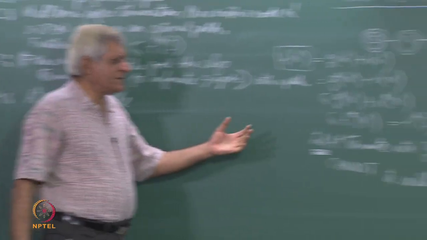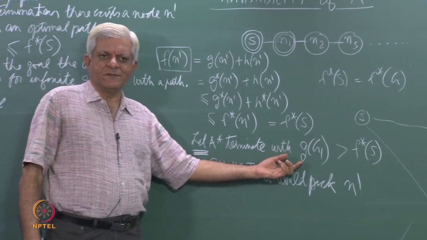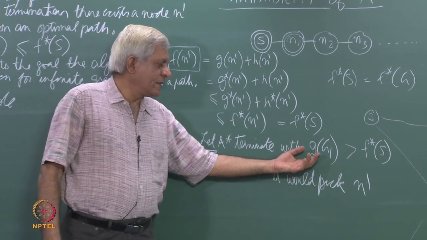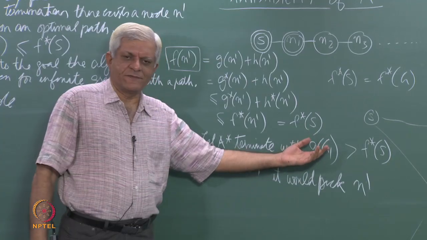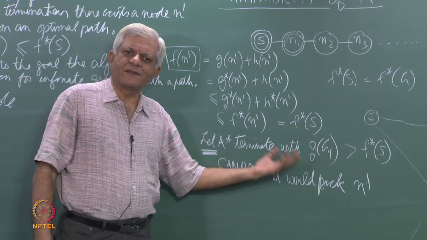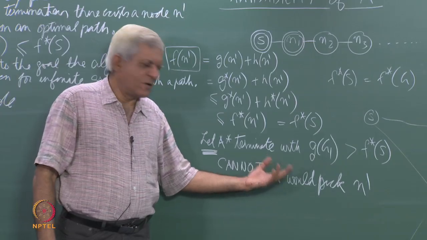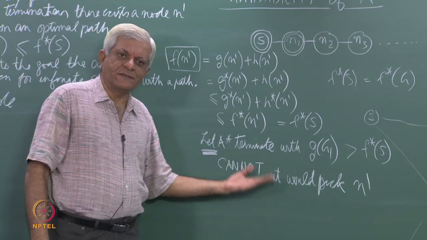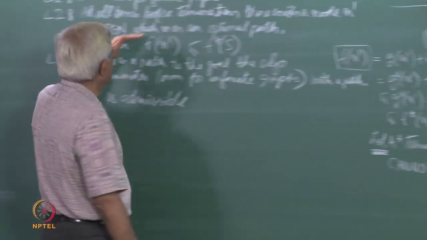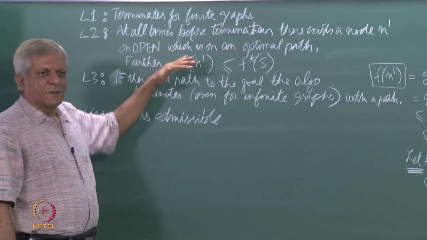So, just imagine that it is about to terminate by picking this goal G1, and this goal G1 has its cost more than f star. So, it will never be at the head of the priority queue essentially, because we have said that at all points before termination there is always a node n prime which is on the optimal path and which is on open.